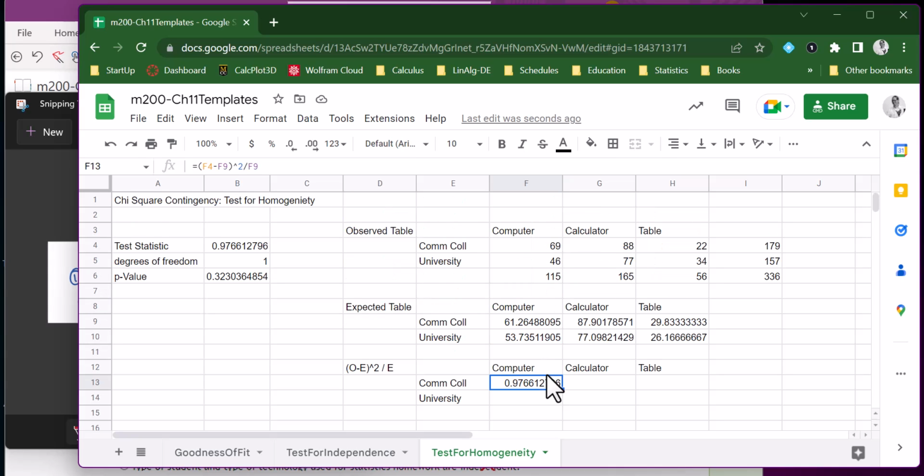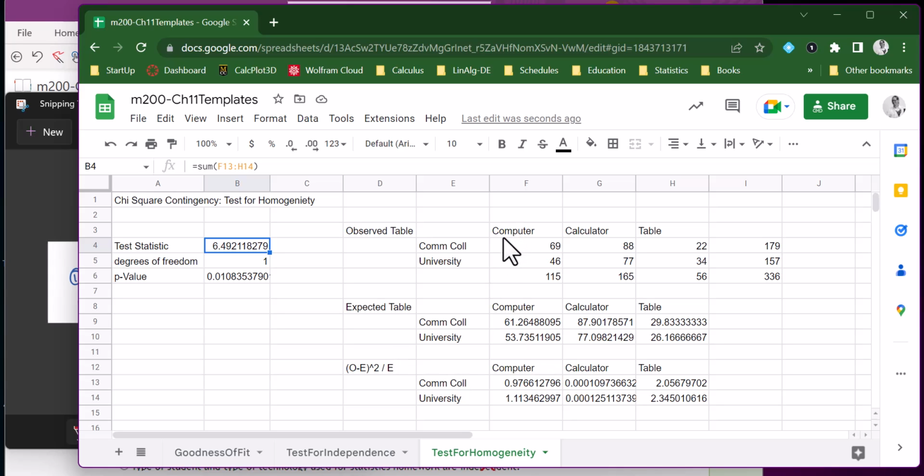Right now this is our first number, and that's beginning to add up to everything in this table. So I'm going to take this and click and drag down, and then click and drag across until I get my 2x3 table figured out. And so with that, I have my test statistic.